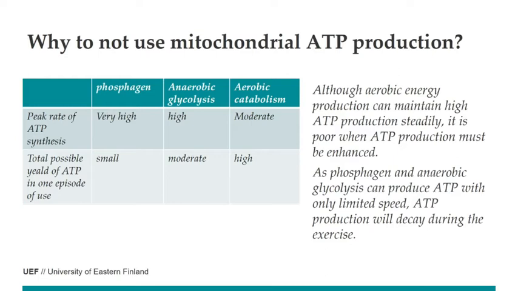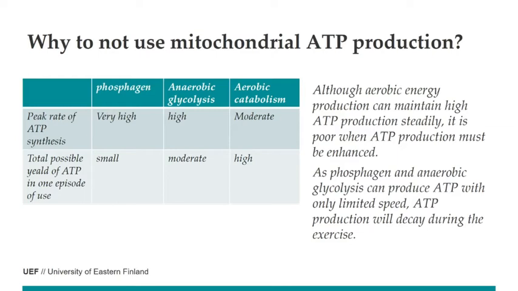So that means that the ATP production will be lower than the consumption, and then the ATP concentration in the cell will decrease. And when you have less ATP in the cells, you have less contraction, the cells are getting weaker, the muscles are getting weaker, you can't run for ages.